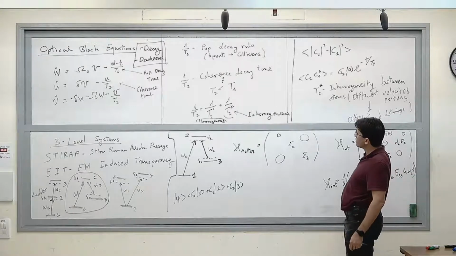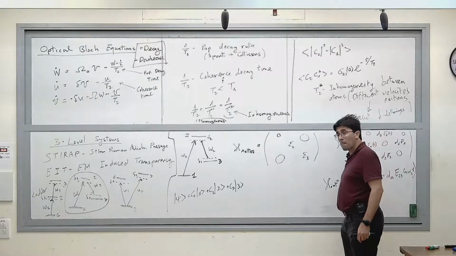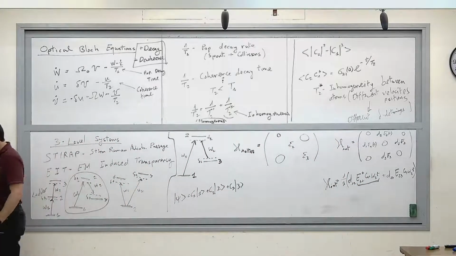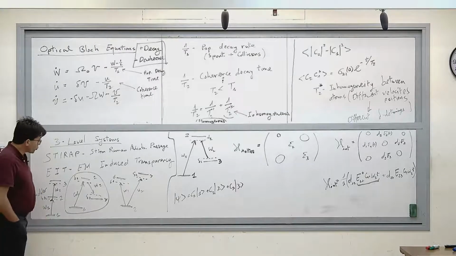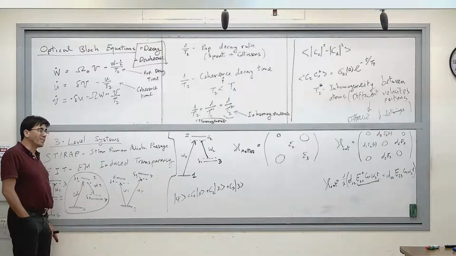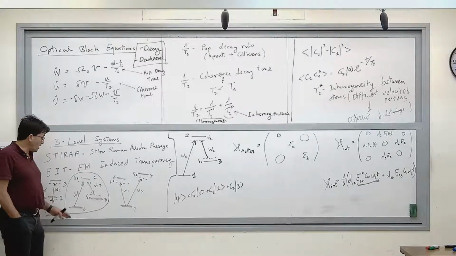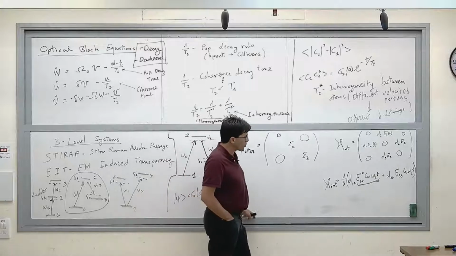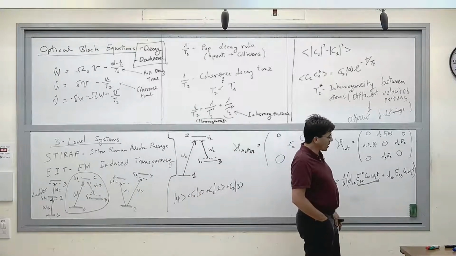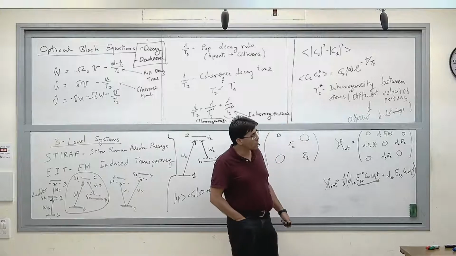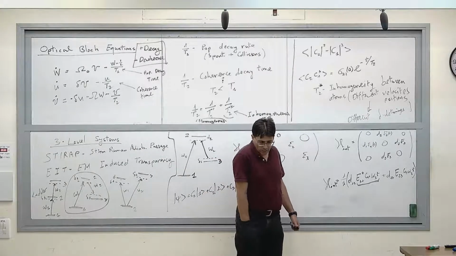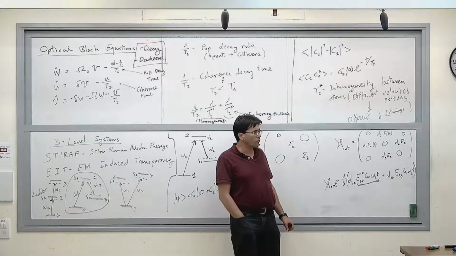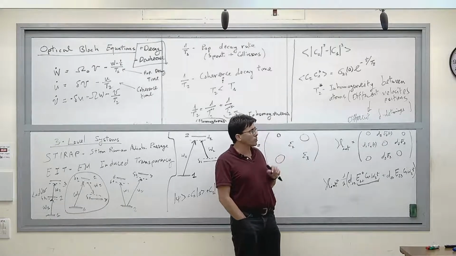Avi? Yes. Why didn't we have interaction between the first level and the third level? That's what I just said, that usually this transition is forbidden. I'll say why. If you remember, maybe at some point you learned that the allowed transitions in the interaction are only transitions that involve a single unit of change in angular momentum.